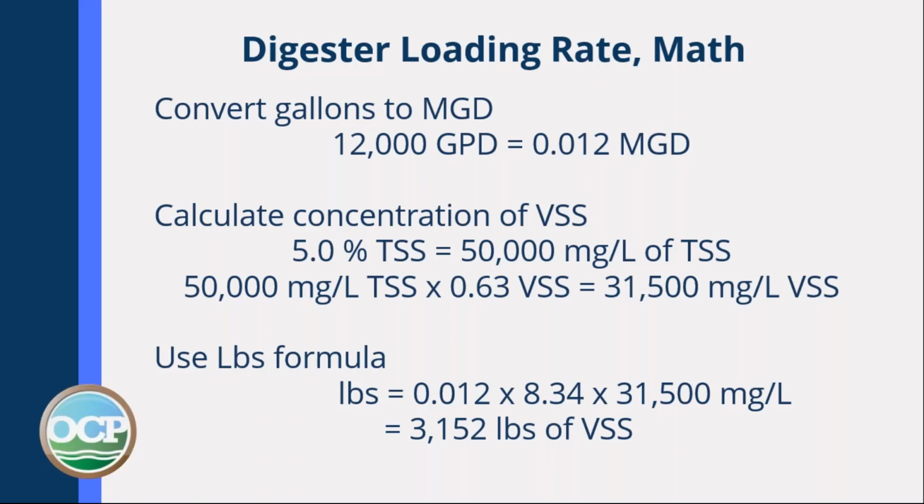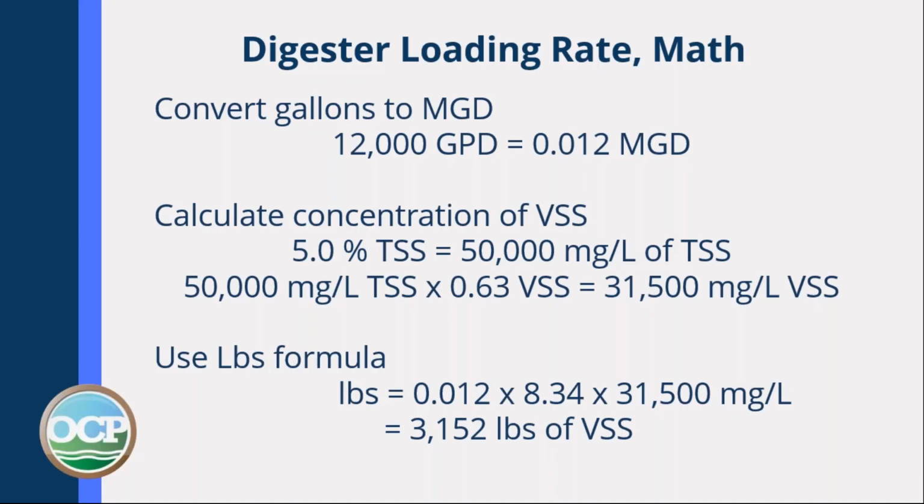To get the volatile suspended solids, the problem said it was 63% volatile. So you take your 50,000 milligrams per liter of total suspended solids times 0.63, 63 divided by 100. And that gives you 31,500 milligrams per liter of volatile suspended solids.